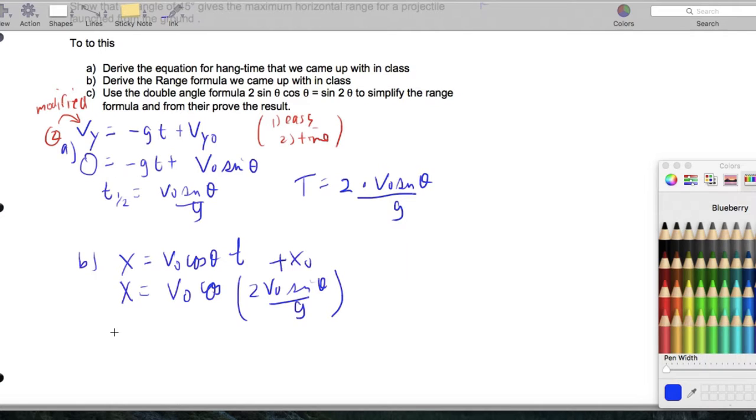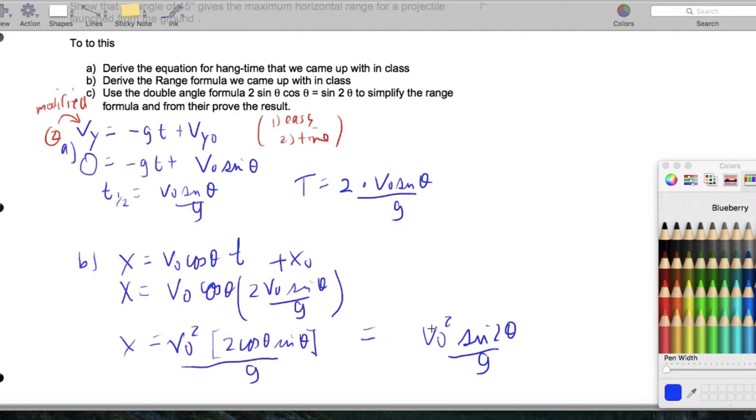And then when I simplify this, I'm going to get x, my range, is v naught squared times 2 cosine theta sine theta divided by g. Now this is actually a double angle formula from math, so this is going to end up being v naught squared sine of 2 theta divided by g. So this is the range formula right here.